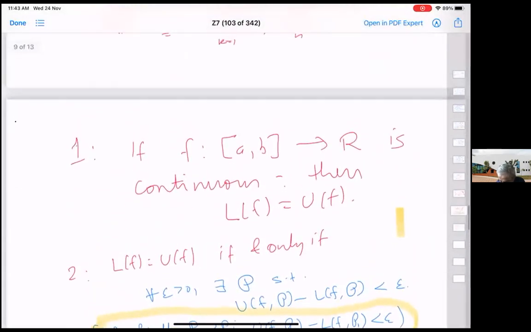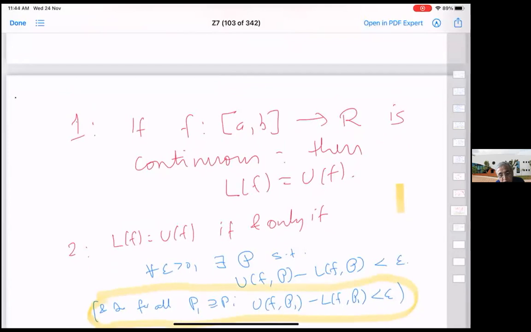So our main things are to show that for continuous functions LF is UF, they are equal, it is Riemann integrable. And then we have to show things like what happens to the sum of two Riemann integrable functions and so forth. So multiplying by a constant, and then therefore taking a linear combination of two Riemann integrable functions, what happens?